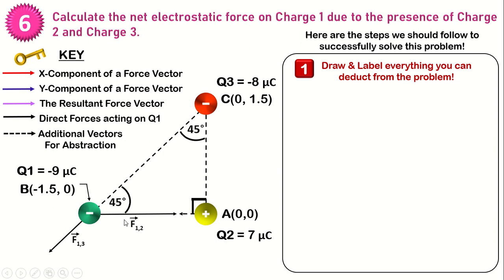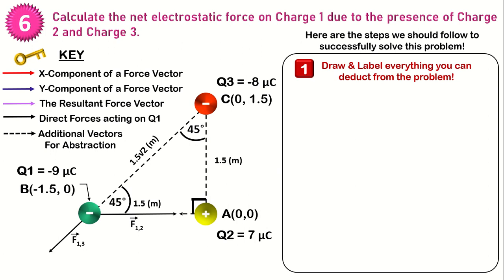Alright, so here are the angle measures. Theta here is 45 and 45 degrees right here, so it forms a 45, 45, 90 degree triangle. Alright, so here are the measurements. Between Q2 and Q3, they're separated by 1.5 meters. Same between Q1 and Q2. Between Q1 and Q3, we could always use the Pythagorean theorem, a squared plus b squared equals c squared, and solve.